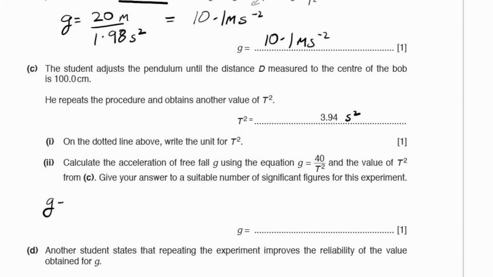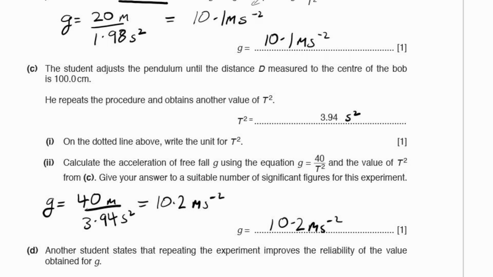So g equals 40, and we know it's meters, divided by t squared, 3.94 seconds squared. If we put that information in, then we will get the value of 10.2 meters per second squared.